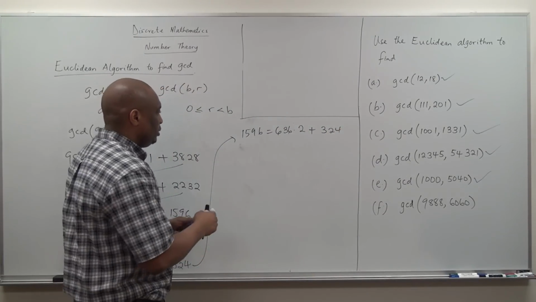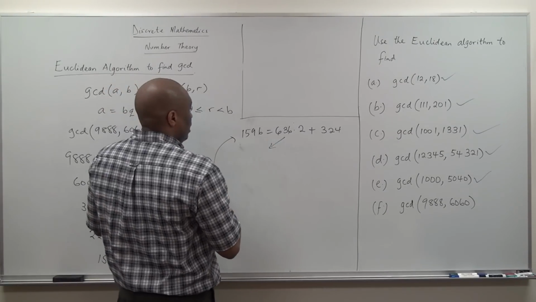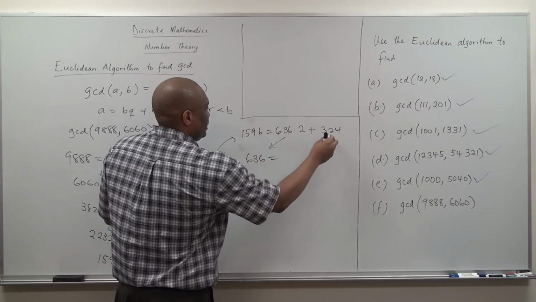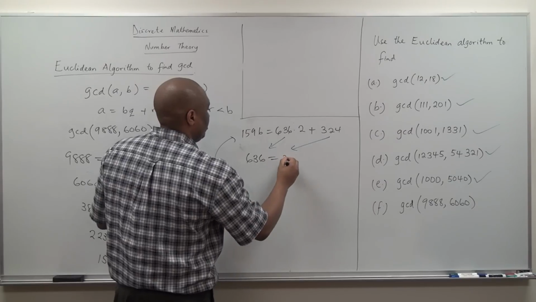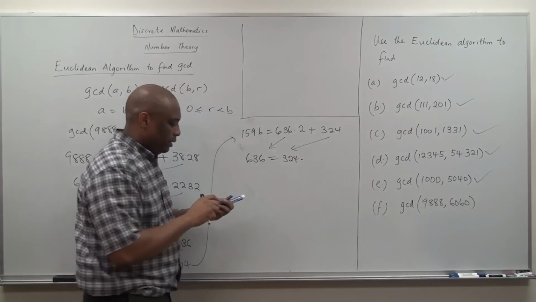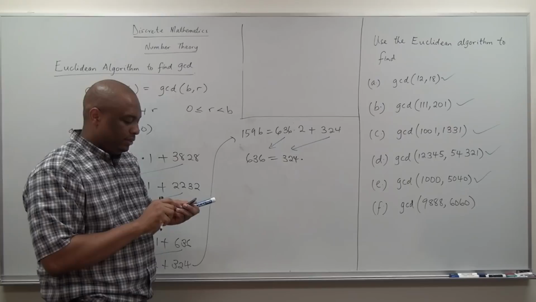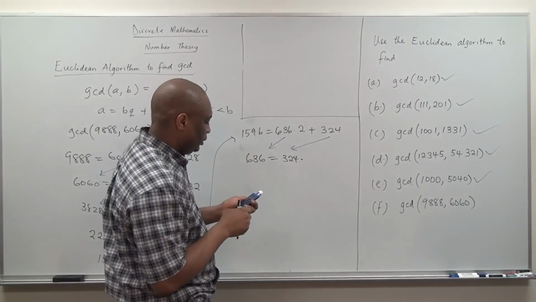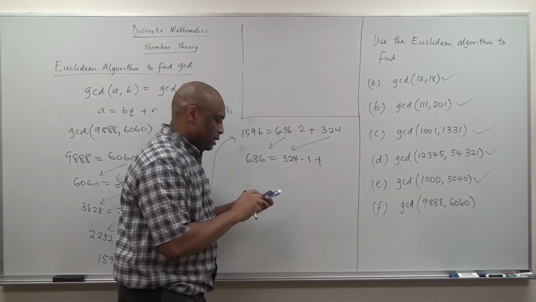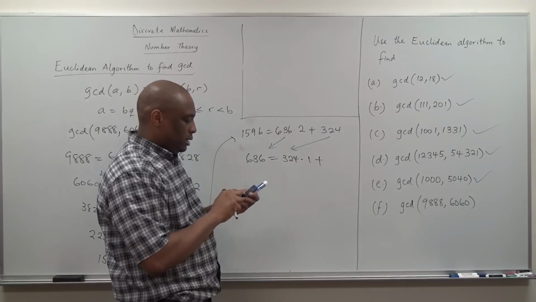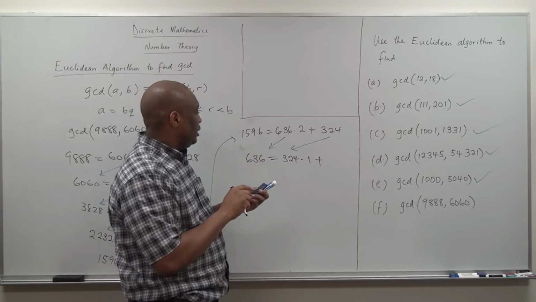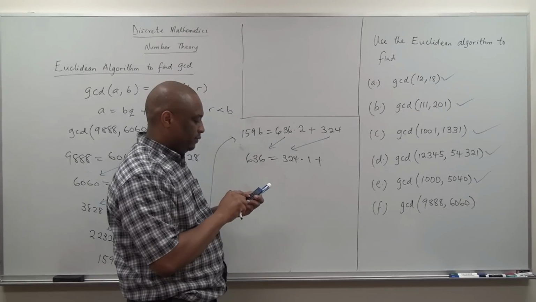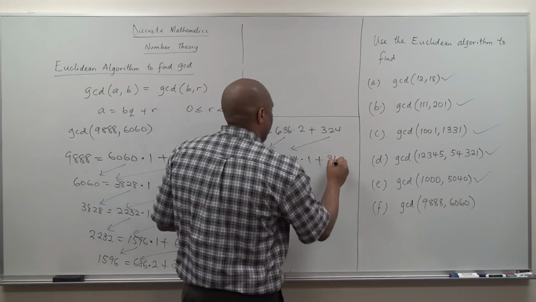Our divisor now becomes our dividend. 636 is equal to 324 times what? You do 636 divided by 324, which gives you 1 point something, so times 1 plus 636 minus 324, which gives you 312.